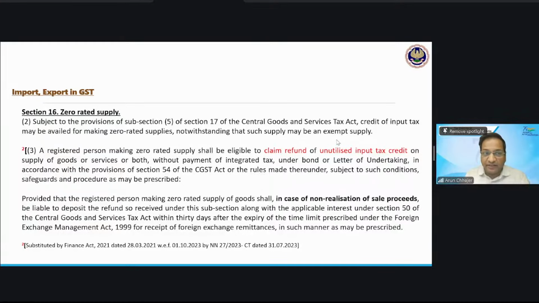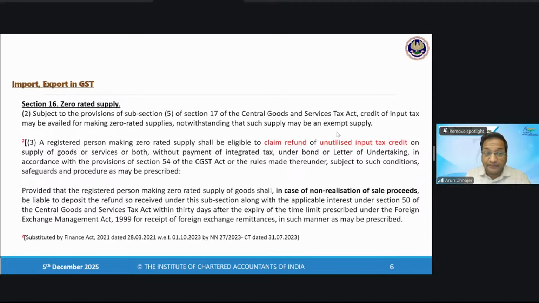Section 17 subsection 5 is talking about the blocked credit, blocked input tax credit, right? So it says that subject to section 17 subsection 5, credit of ITC may be availed for zero rated supplies, notwithstanding such supply may be an exempt supply.